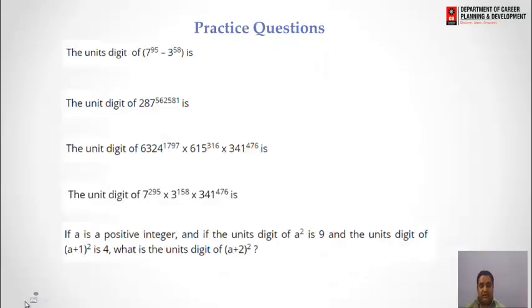Now we have some practice questions over the same concept. Find the unit digit of 7 power 95 minus 3 power 58.